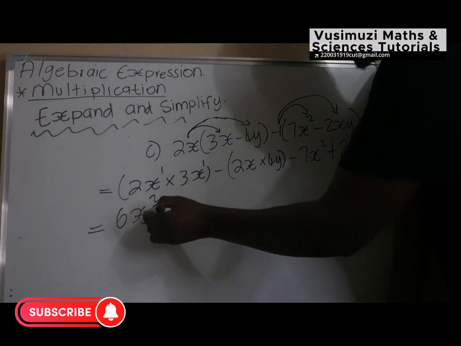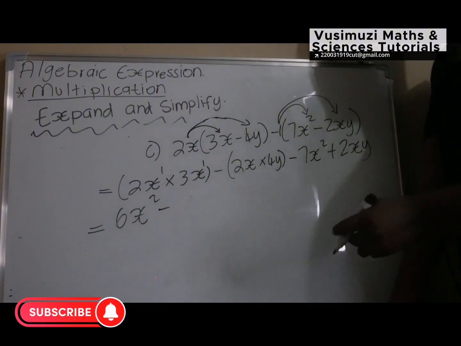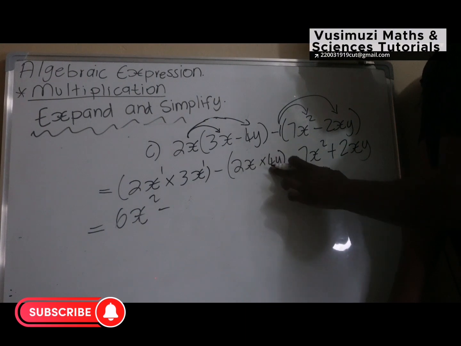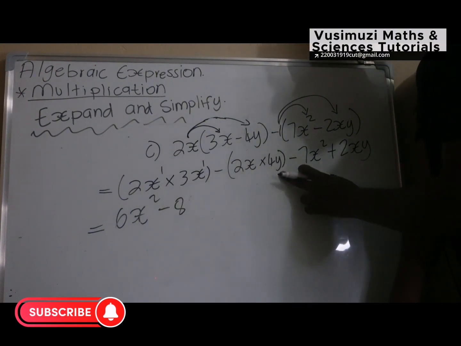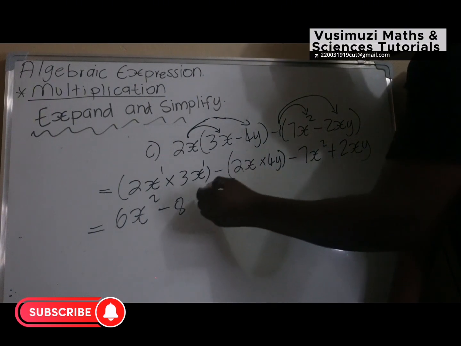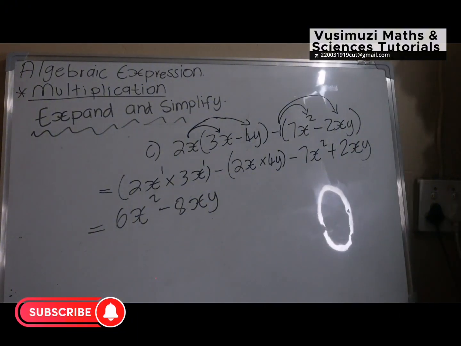We're going to have 6x squared. Now you drop down this negative, then 2 times 4 is 8. Are x and y like terms? No. Therefore, we bring them down both: negative 8xy.